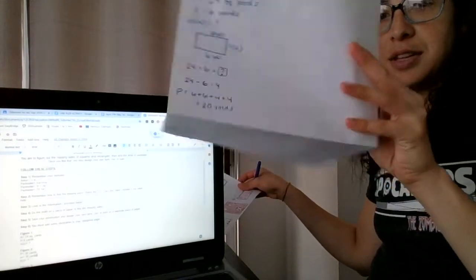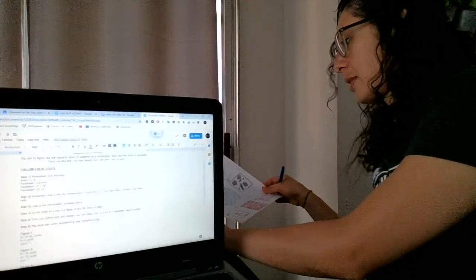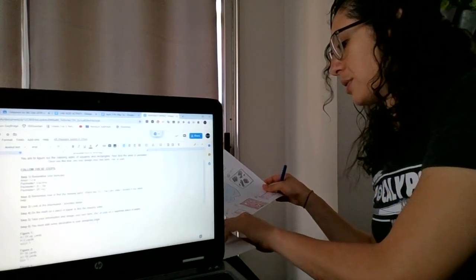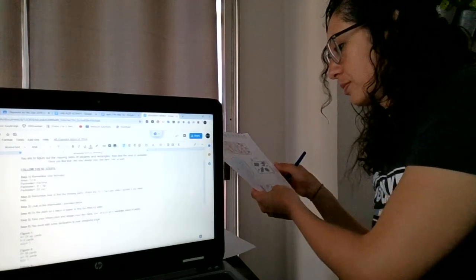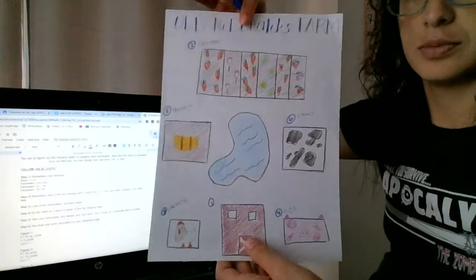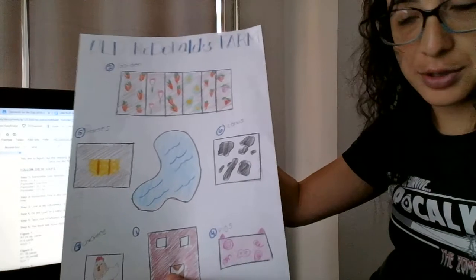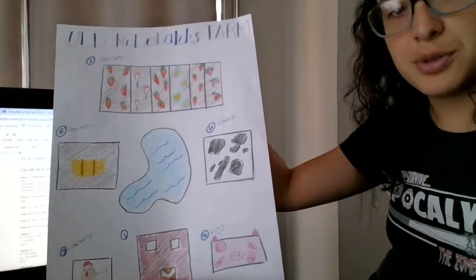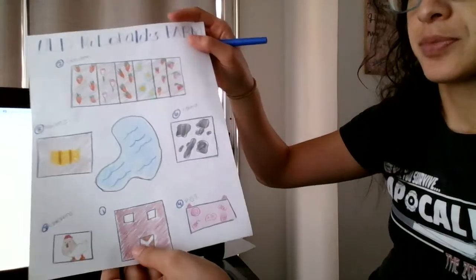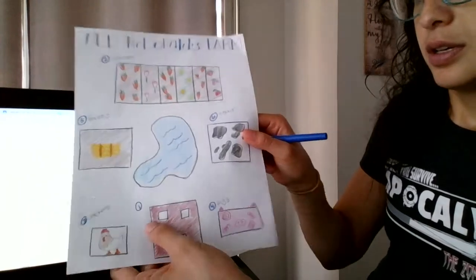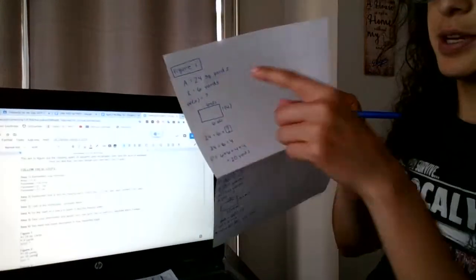You're going to take all of this, and you are going to make your design. Okay, so I decided to do a farm. You can do a park, you could do a zoo, or you could do a farm. Okay, now I solved figure 1 and figure 2.